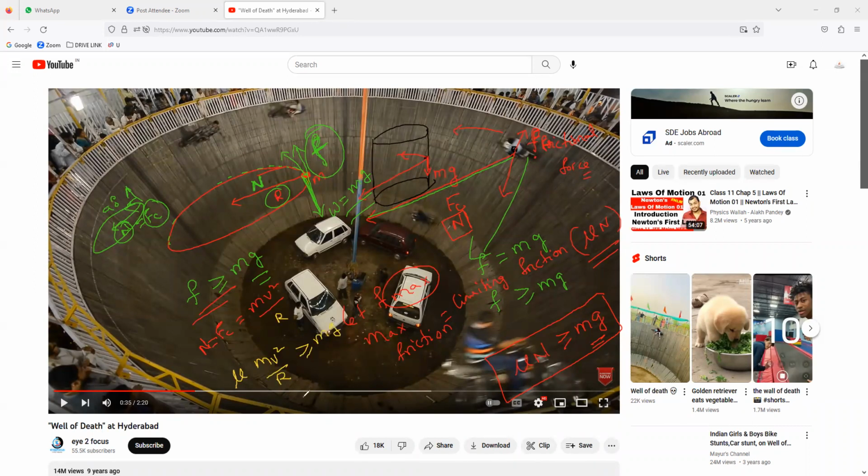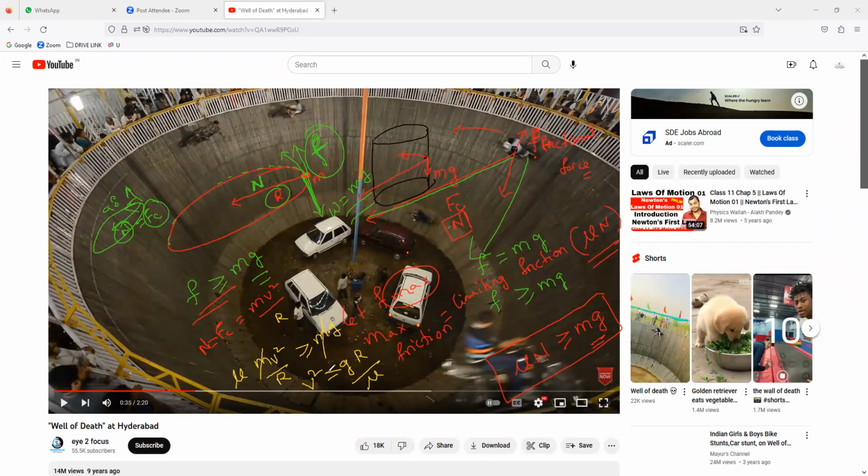Then from this, v square is equal to what? Keep v alone and send everything else. Of course, m on both sides will get cancelled. So v square is equal to what is remaining? You should speak. v square is equal to g into r divided by mu.